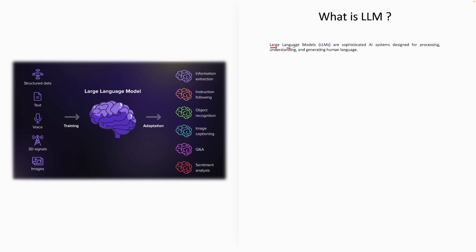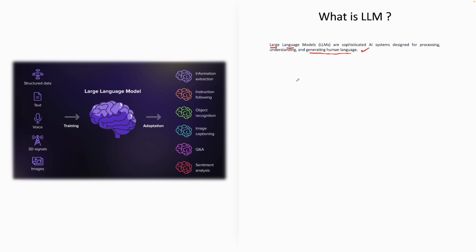And as the name suggests, language, so definitely they are related to NLP, or the natural language processing that we studied. So LLMs are sophisticated AI systems that are designed for processing, understanding, and generating human language. That's very important.